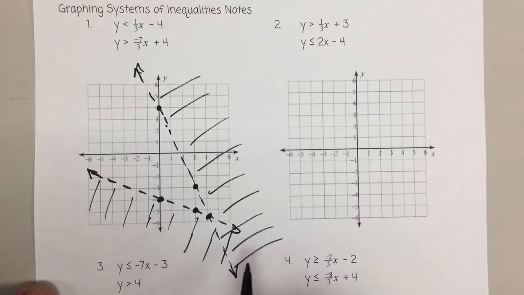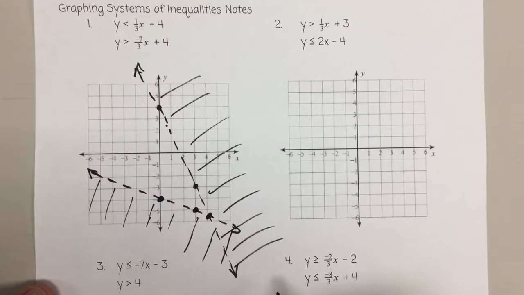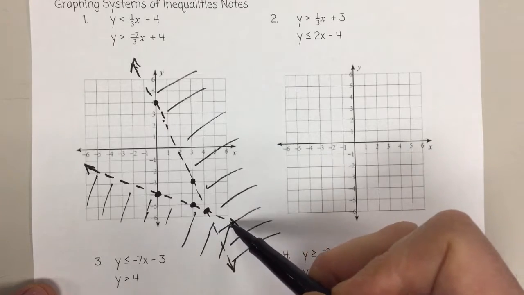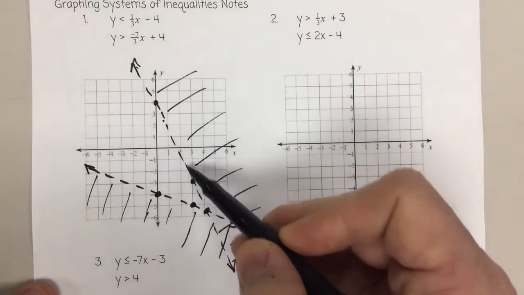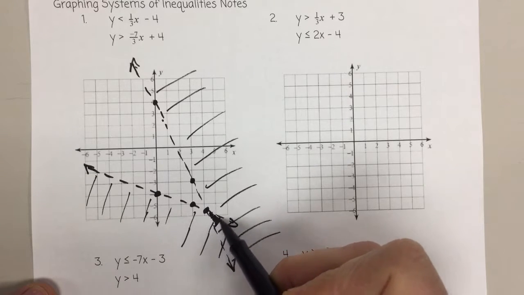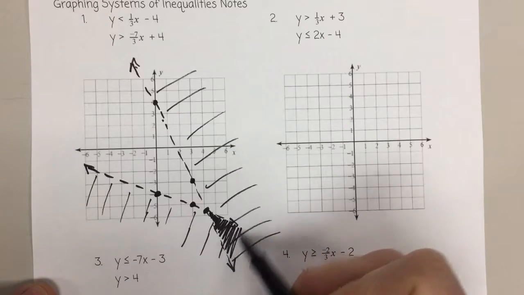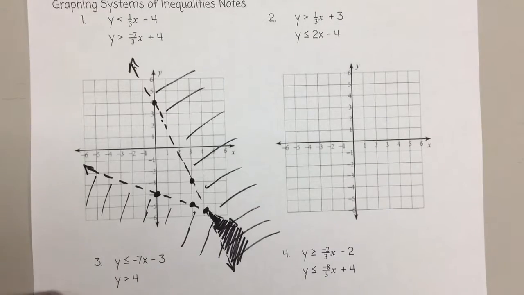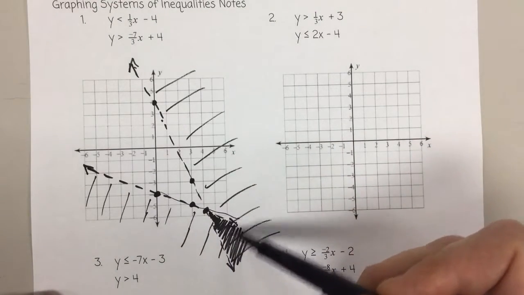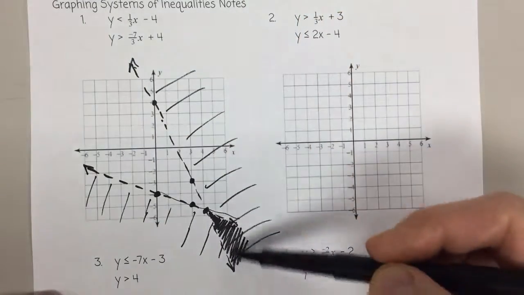The part that is the answer is where there is double shading. So I shaded below this line, it's on this direction, and I'm shading above this line. So the part that's double shaded is this part down here, below this line and above this one.